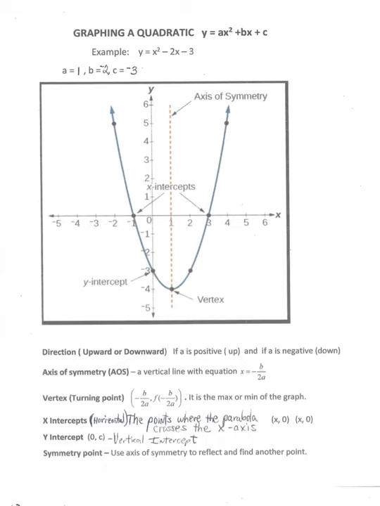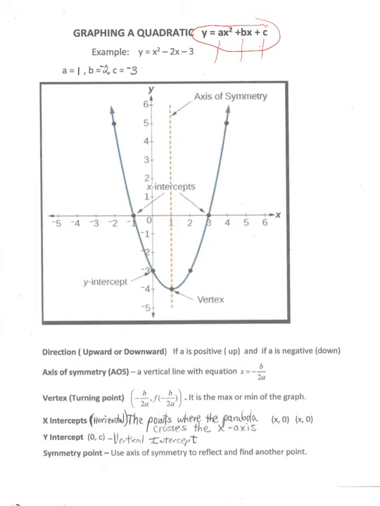So the standard form of a quadratic, as we can see, is right at the top, ax squared plus bx plus c. And there it is right there, where the important elements that we need to identify are the a, b, and c. Because from there we can calculate just about any of the points that they want us to know.